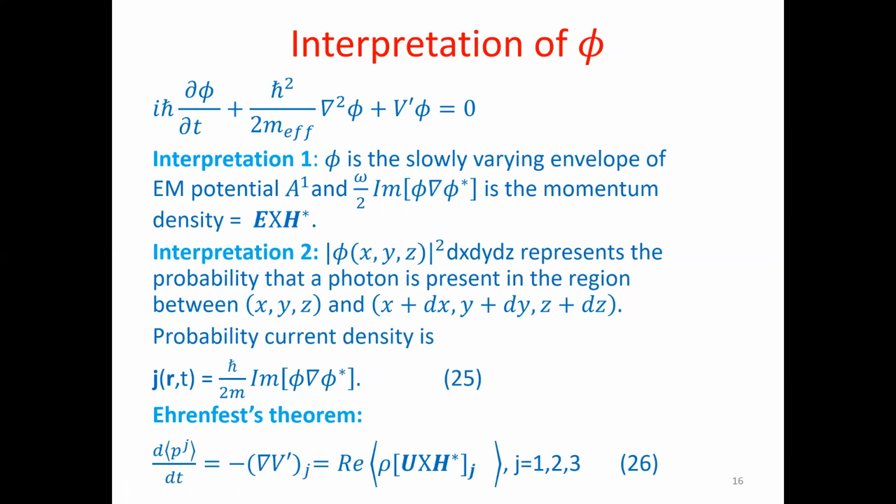The second interpretation is that the absolute value of psi squared dx dy dz represents the probability that a photon is present in the region between x, y, z and x plus dx, y plus dy and z plus dz, with the probability current density being given by this expression, which is the same as this here, the momentum density. So which one is correct? I go with interpretation 1.